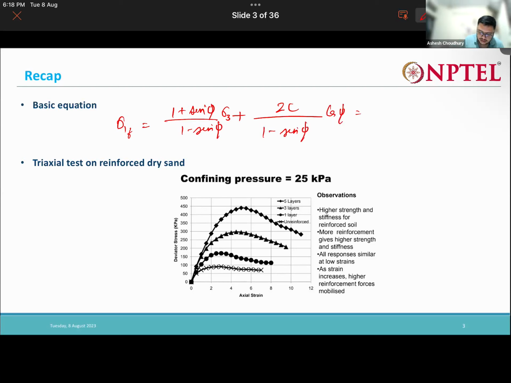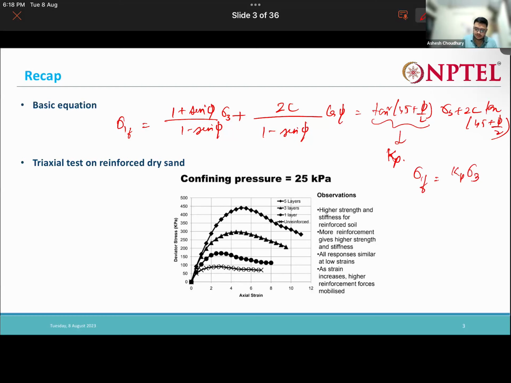It can be also written as tan squared 45 plus phi by 2. What is this? It is nothing but K, the coefficient of passive pressure, equal to KP plus root over KP.